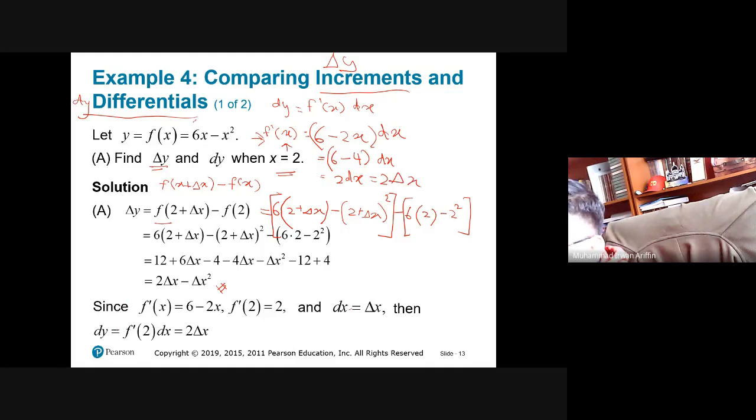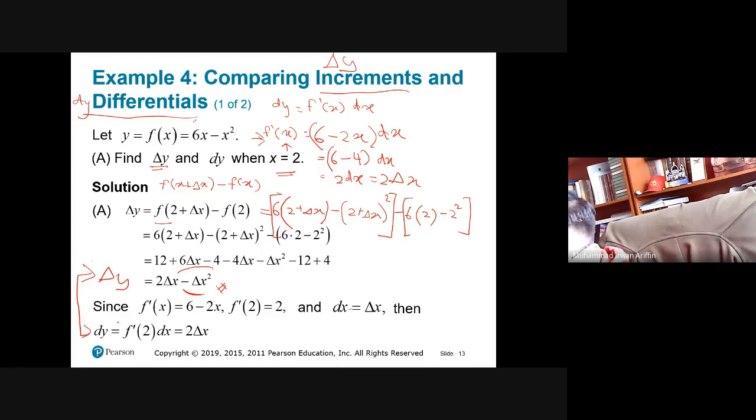Now, can you see the difference between delta y and dy, these two? Compare these two. You can see that delta y has this additional term, minus delta x squared. This is the actual change in y.